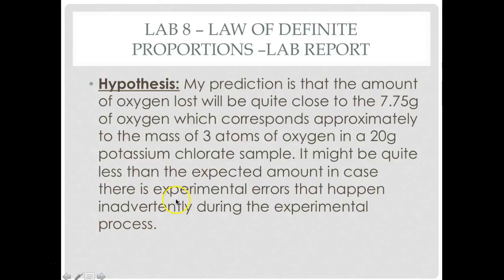My hypothesis is that the amount of oxygen lost would be close to that 7.75 grams, which corresponds to approximately 3 atoms of oxygen in a 20-gram sample of potassium chlorate. All right. Now, it could be less than the expected amount, but if I'm doing my experiment correctly, it should be close, right?